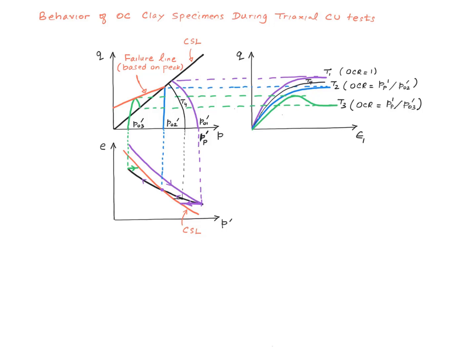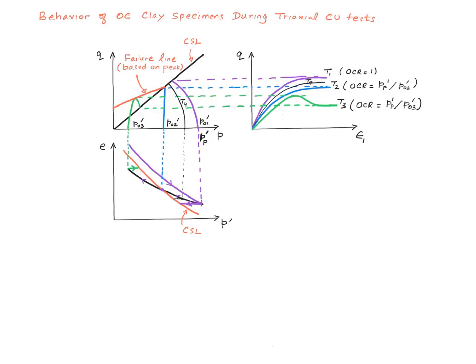So the stress path always moves towards the critical state line in this space, and therefore it is going this way, and at failure, that is at critical state failure, it lies on the critical state line. And this is what happens in the p-q space. Couple of important things to note here. Number one, initially it leans slightly to the right.